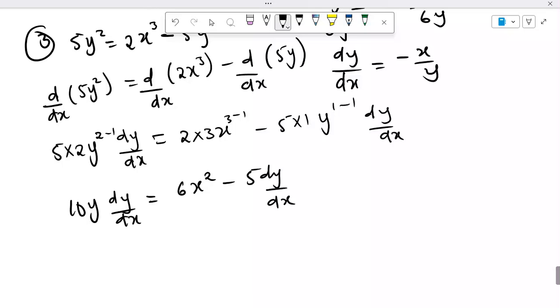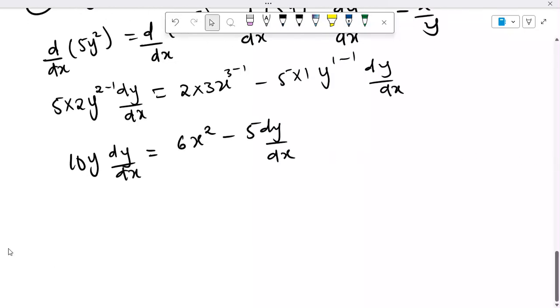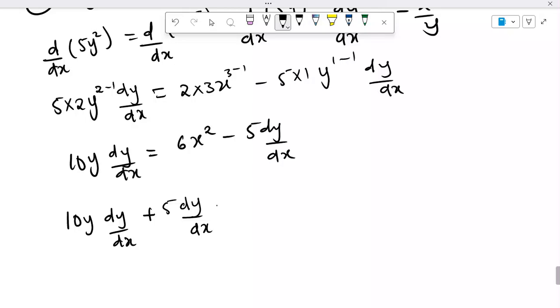So like terms, you put like terms together. So you have 10y dy/dx. This, when it comes to this side, will be plus 5 dy/dx equals 6x squared.